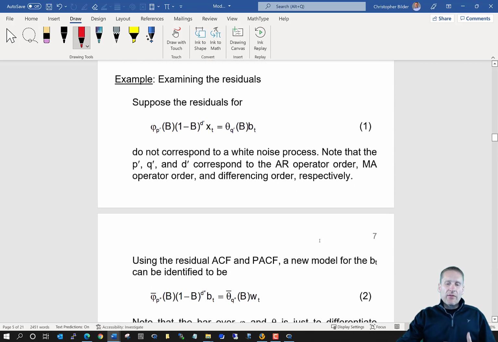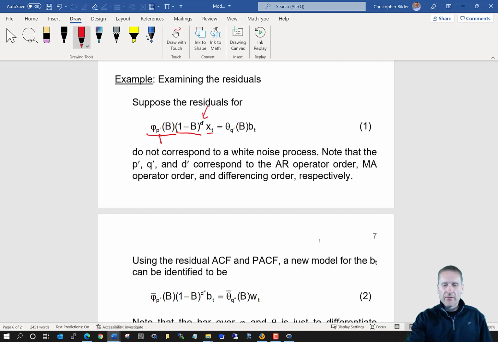Let's say that we have the following model. We have our AR operator, and for emphasis I'm going to put the corresponding order of the AR operator, meaning the number of phis. We're going to call that p prime. We have the differencing part of our model, where I'm going to use d prime to represent the differencing order.